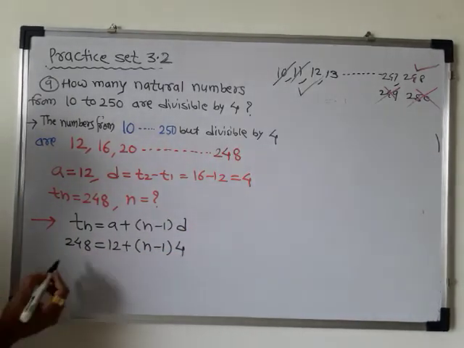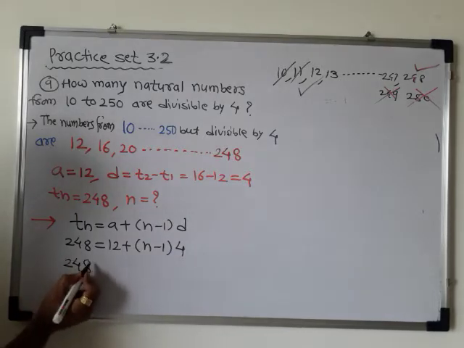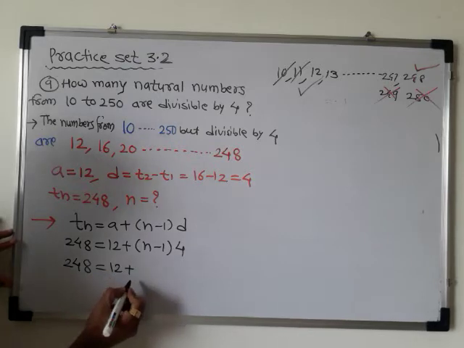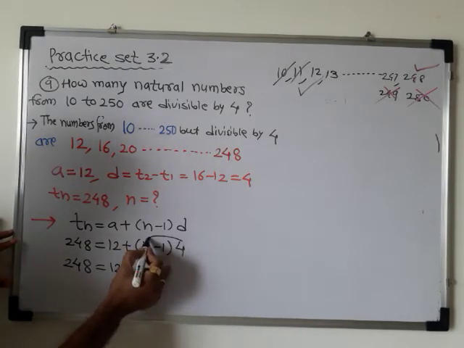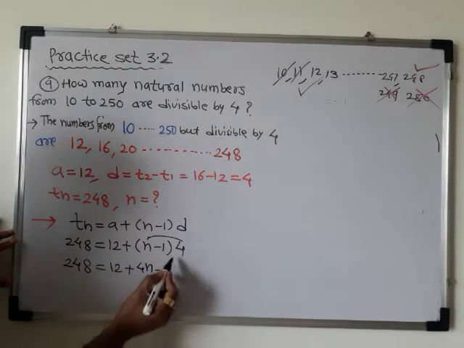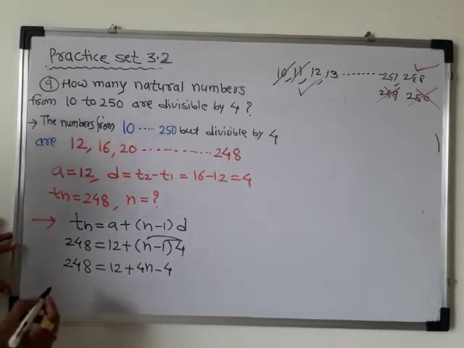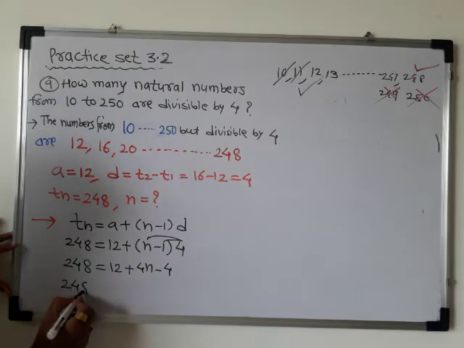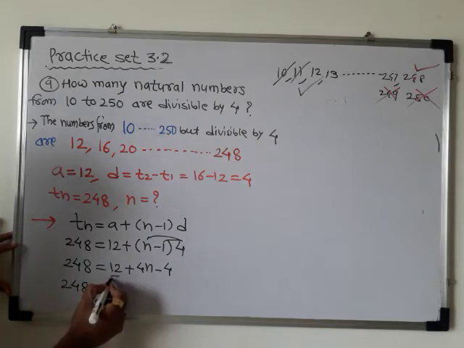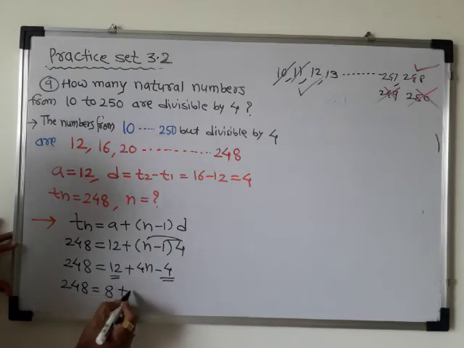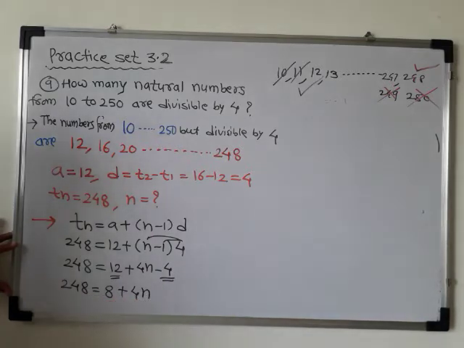And simplify this equation. 248 is equal to 12 plus 4 into n, 4n minus 4 into 1, 4. So you got 248 is equal to, these are the like terms, 12 minus 4, that is 8, plus 4n.